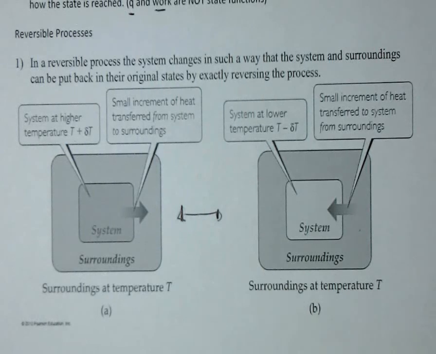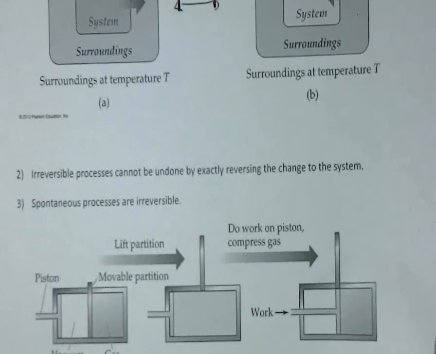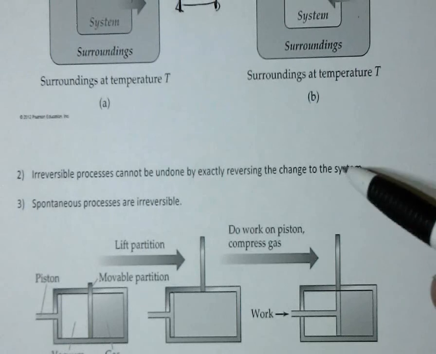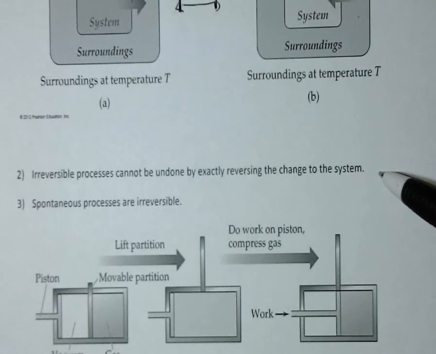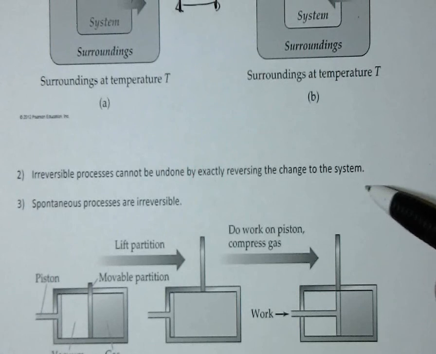A reversible process can go back and forth like the previous example. An irreversible process cannot be undone by exactly reversing the change to the system. So if I try to change the temperature and nothing happens, it's not reversible. You have to do exactly what you did in the first process and then do the exact opposite of that for it to be reversible.